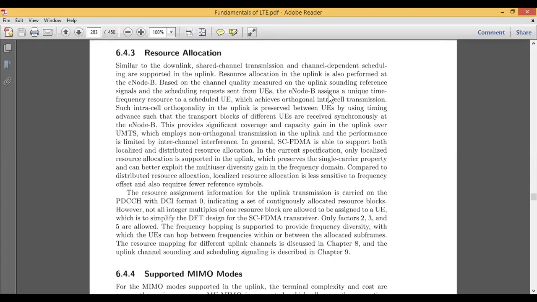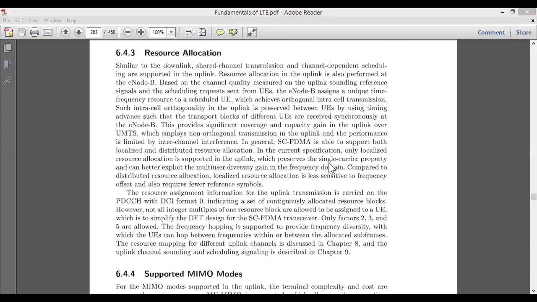Here you can see where the channel interferences can be reduced as much as possible. So in this way we go for doing it in a proper manner. Apart from that, in the current specification only localized resource allocations are supported in uplink.